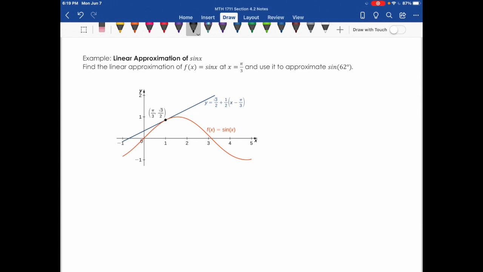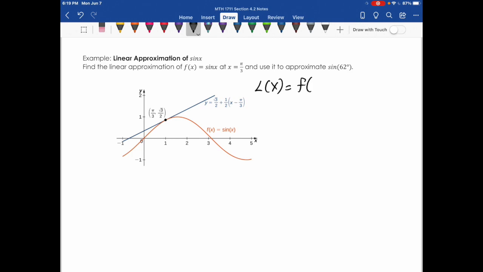Okay, we're going to do the same thing for this example. We're finding the linear approximation of sine x at x equals pi over 3. So what we need to do first is find the tangent line of sine x at x equals pi over 3.